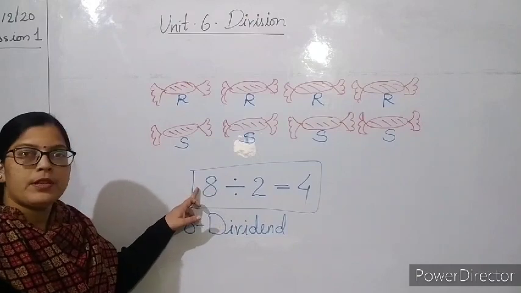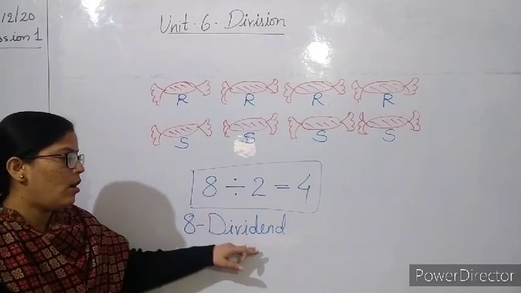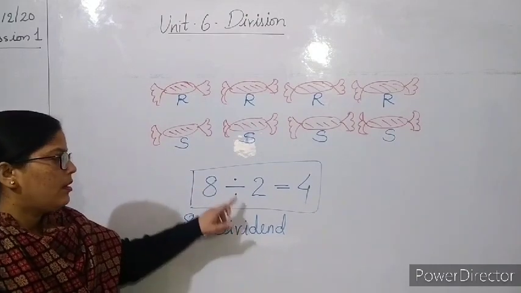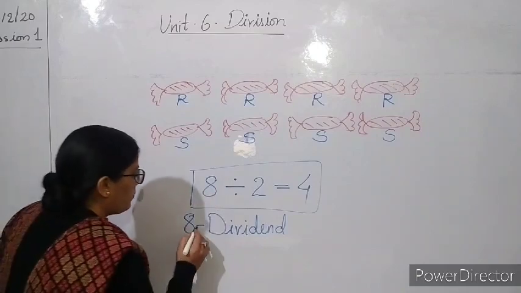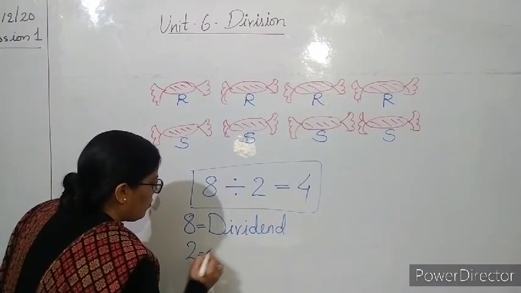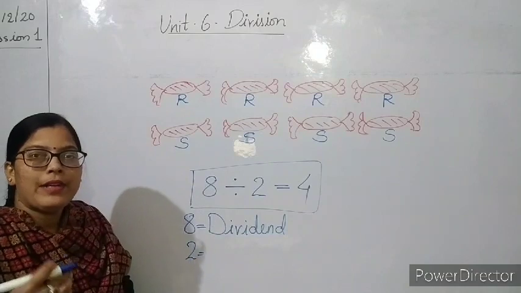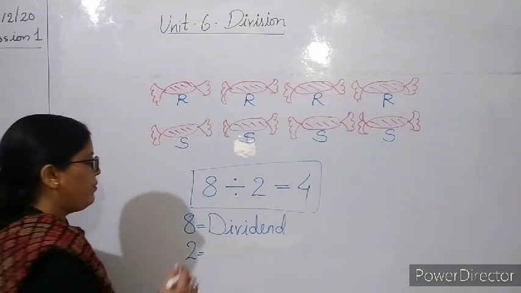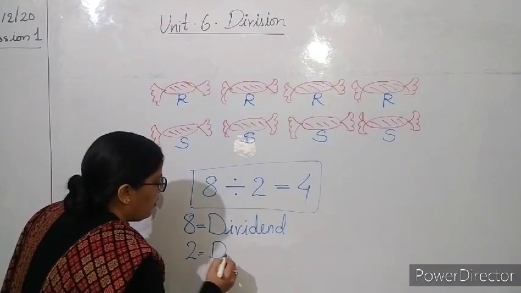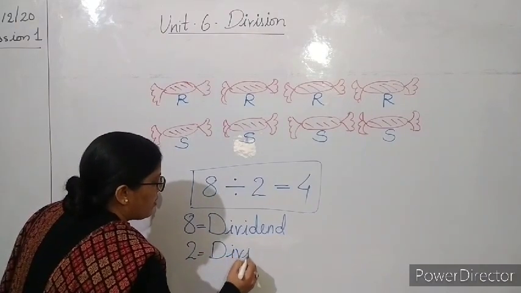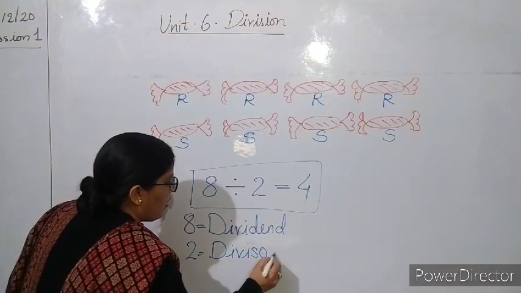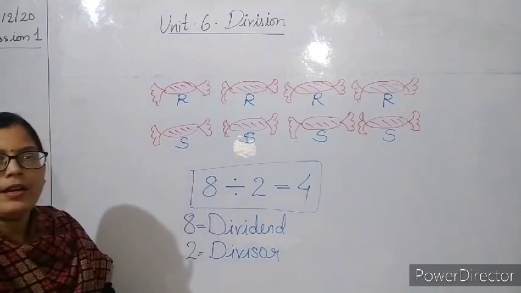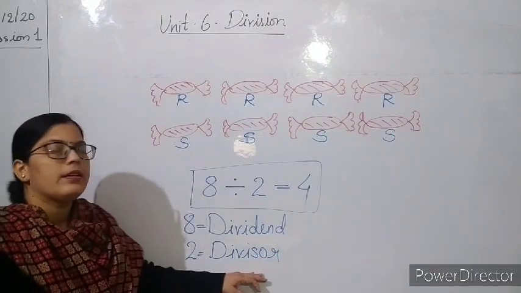Then what is 2? The number by which we divide. Okay, the number by which we divide is called divisor.